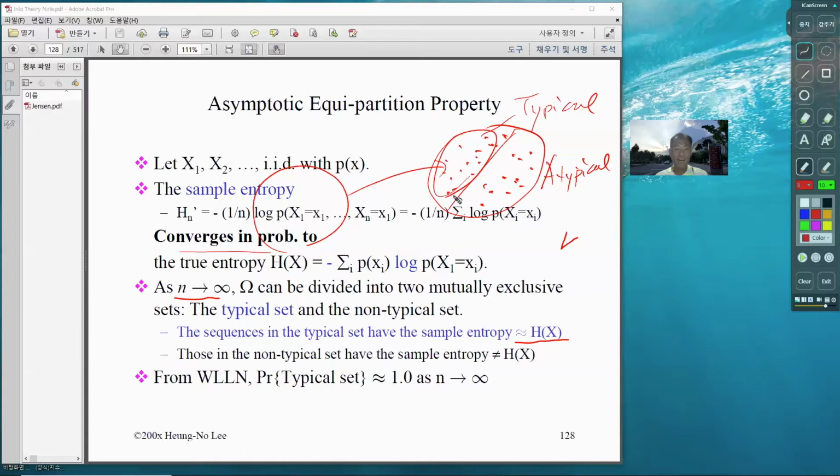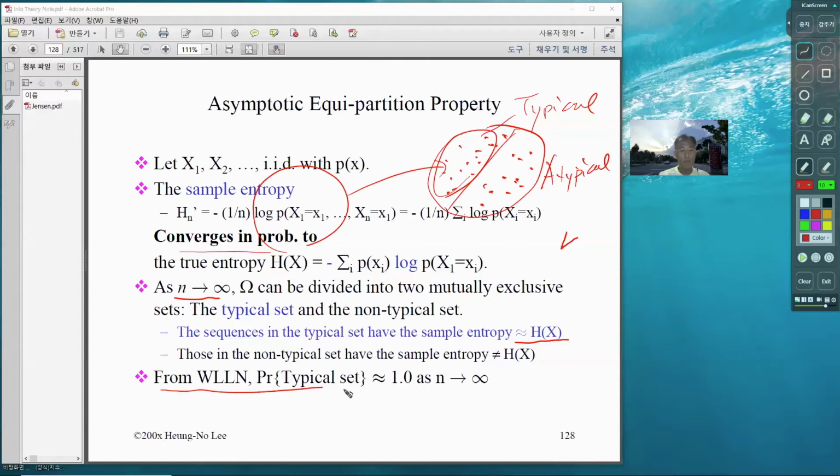Within this set, convergence occurs, so the sample entropy converges to the true entropy. From the weak law of large numbers, the probability of the typical set converges to 1 as n goes to infinity.